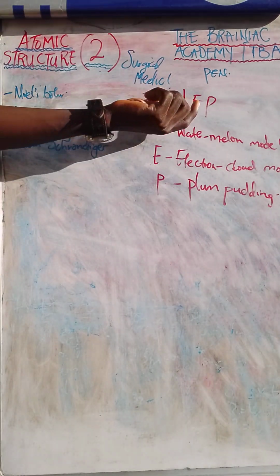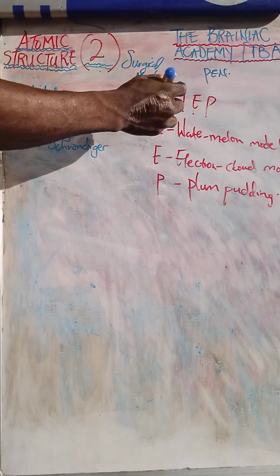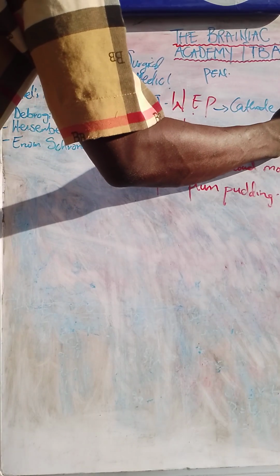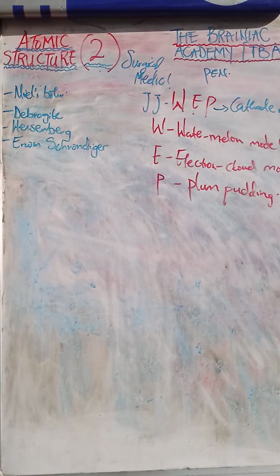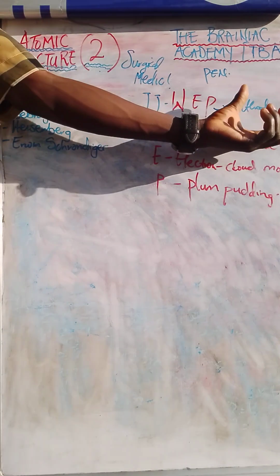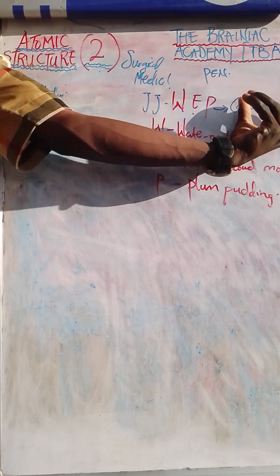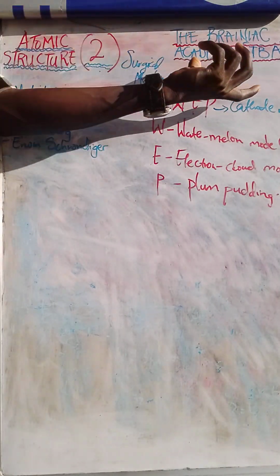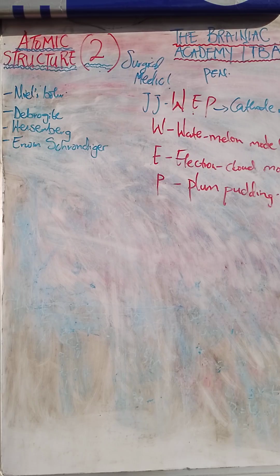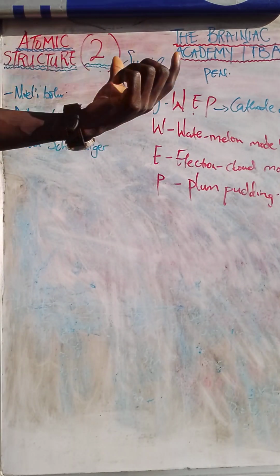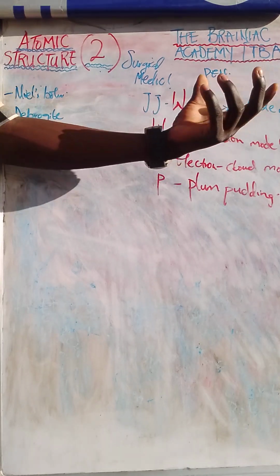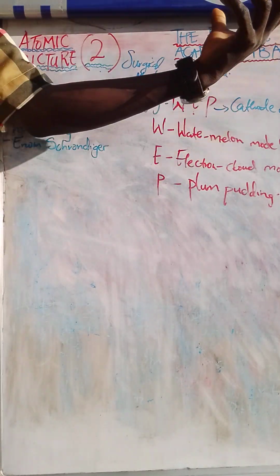Do you remember that this same guy brought the cathode ray experiment, coming from the discharge tube experiments? He told us a lot of things about the cathode ray: that the rays move in a straight line, have a constant charge to mass ratio, are attracted to the positive charge, and possess momentum.